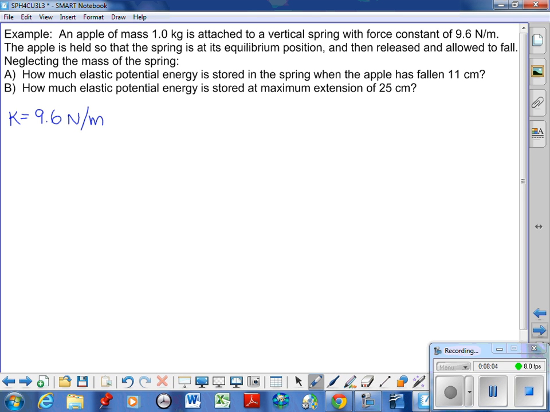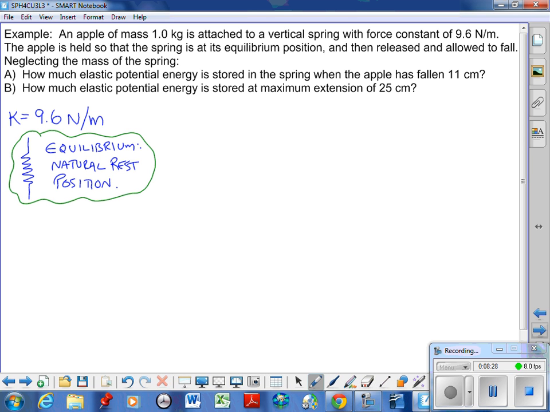So equilibrium means that if you have a spring, that's its natural rest position. If it's in equilibrium, it would be if you just had it sitting there, that's how long it would be extended.